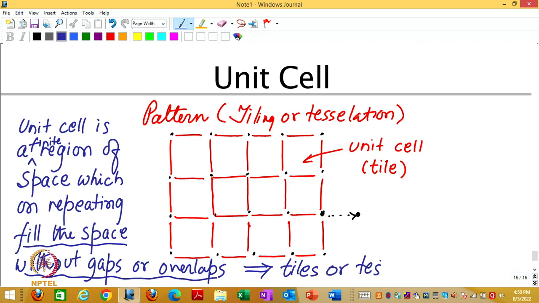Because tiles, floor tile, you will not like one tile to overlap on the other tile, you will not like gaps between the tiles. So, the flooring is good only if tiling is satisfying this criterion, that there are no gaps and no overlaps. So, unit cell should satisfy the same criterion. So, unit cell is actually a tile of the whole space.